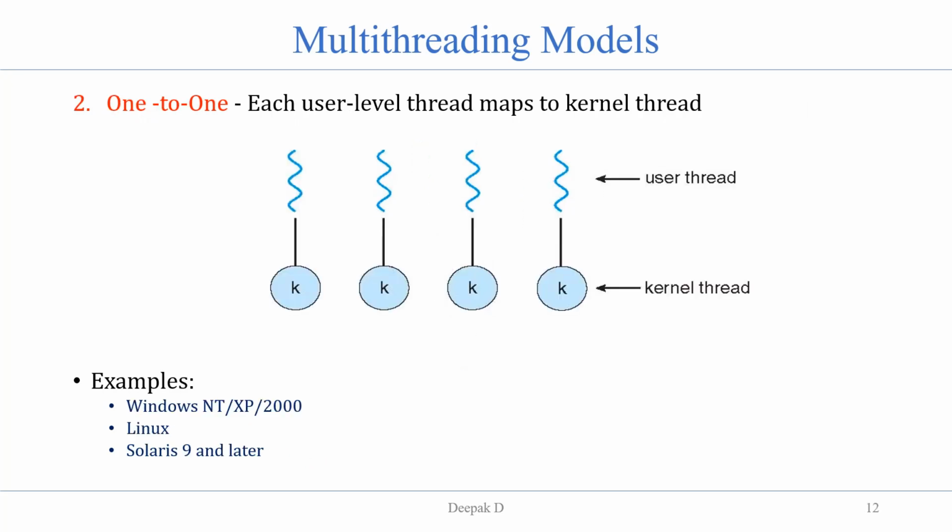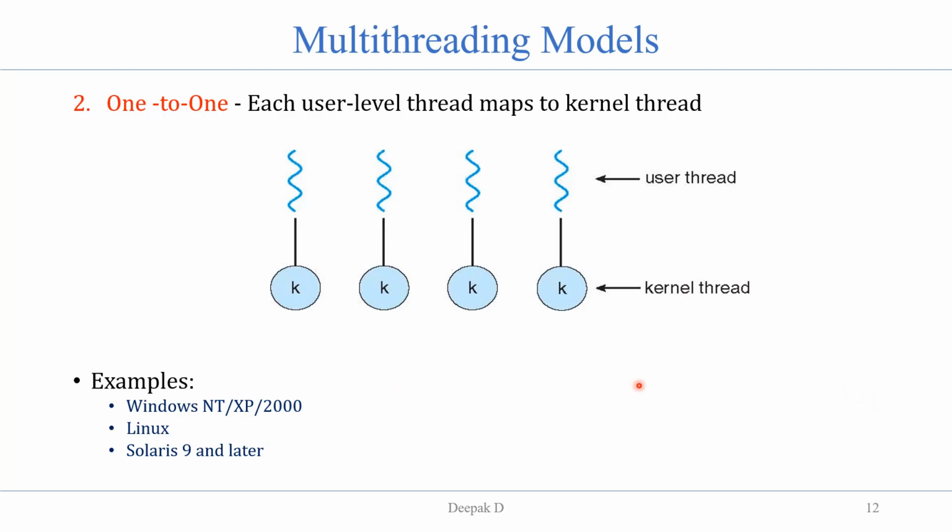The next model is the one-to-one model. Here you can see each user thread is mapped to an individual kernel thread. What is the advantage of this model? It provides more concurrency by allowing another thread to run when a thread makes a blocking system call, and multiple threads can run in parallel on a multiprocessor.